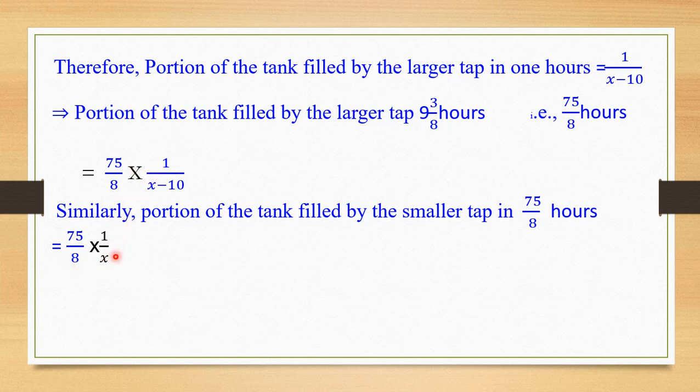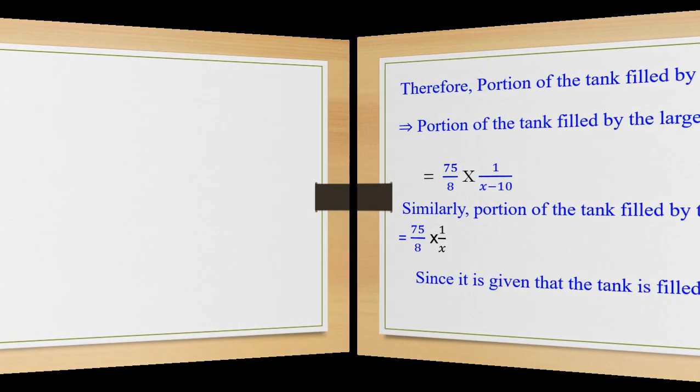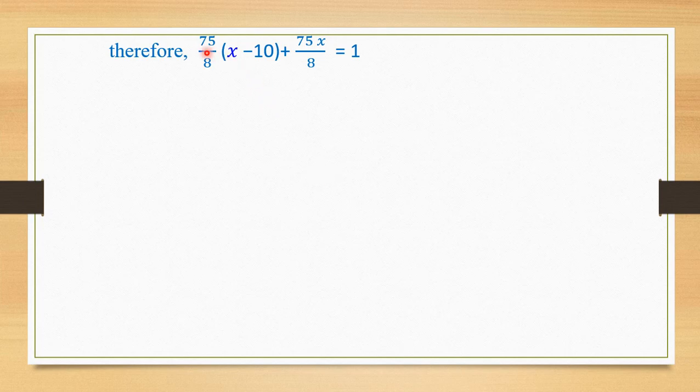These should be added, so the tank will be filled in the same 9 3 by 8 hours. Since the tank is filled in 75 by 8 hours completely, we add both quantities. So 75 by 8 into 1 upon x minus 10 plus 75 by 8 into 1 upon x is equal to 1, that is, the tank filled completely. Taking 75 by 8 common in both terms, we get 1 upon x minus 10 plus 1 upon x.